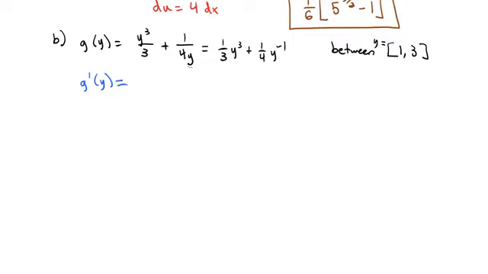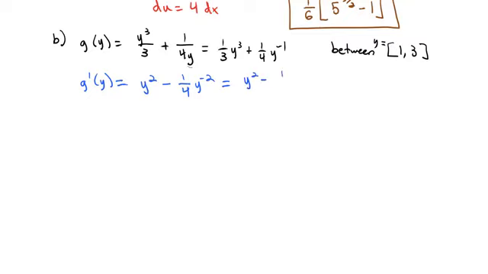So now to take the derivative, because we need that in our formula, we bring the 3 out front and it reduces. So we're just left with y squared. Plus, bring the negative 1 out front, makes it minus 1 over 4 y to the negative 2. Let's do some algebra and actually move that y to the negative 2 into the denominator.